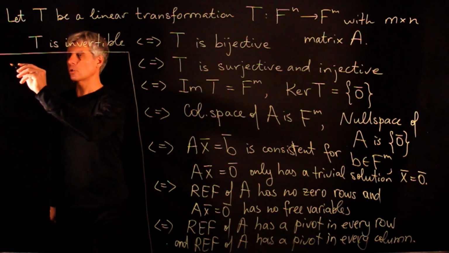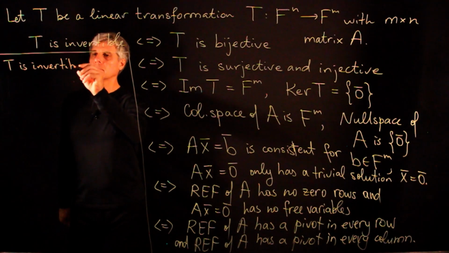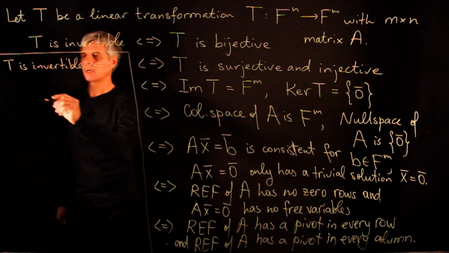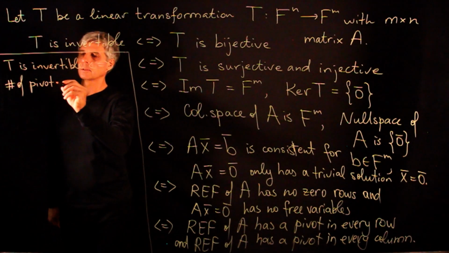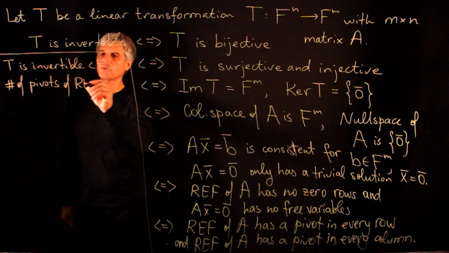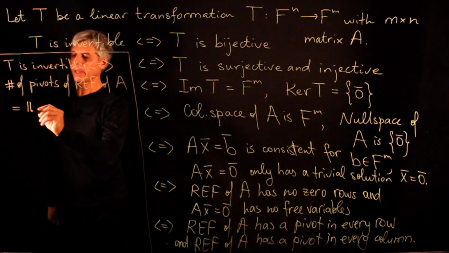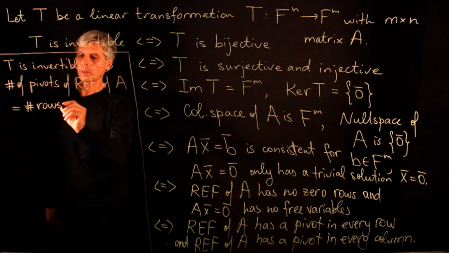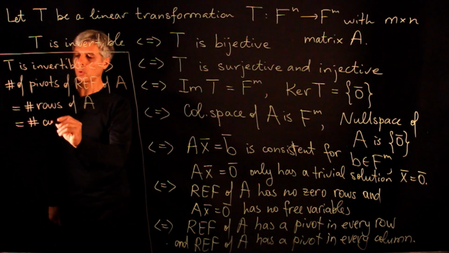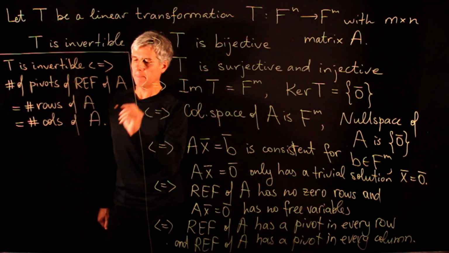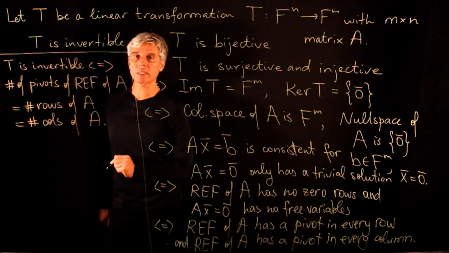So we get the following conclusion, that T is invertible if and only if the number of pivots of row echelon form of A is equal to the number of rows of A and is equal to the number of columns of A. In particular, we conclude that the number of rows and the number of columns must be the same.